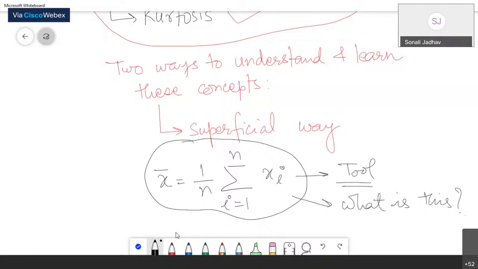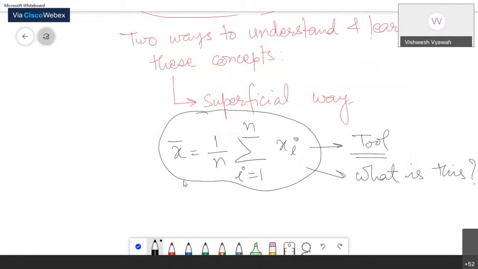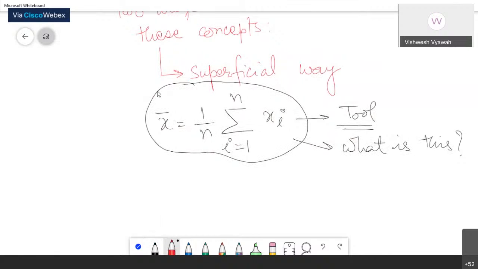So what we are going to do here is not follow this superficial way.